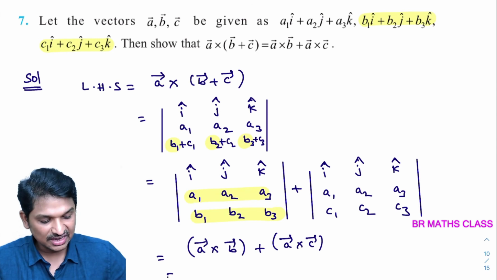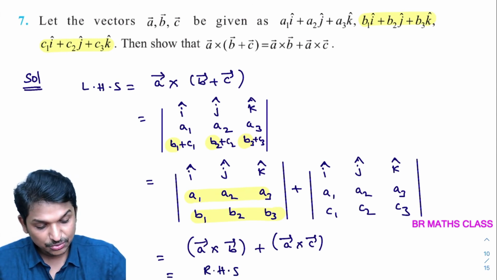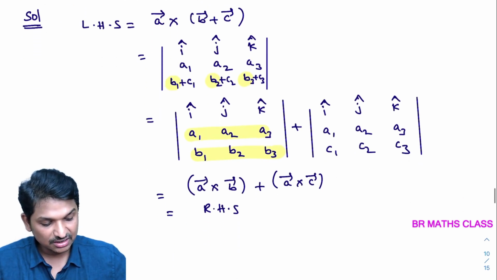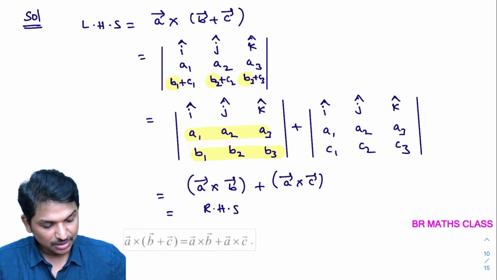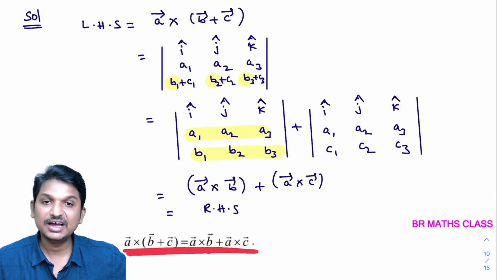So this is the RHS. So I proved that A bar cross (B bar plus C bar) equals A bar cross B bar plus A bar cross C bar. I hope you understand this, right?